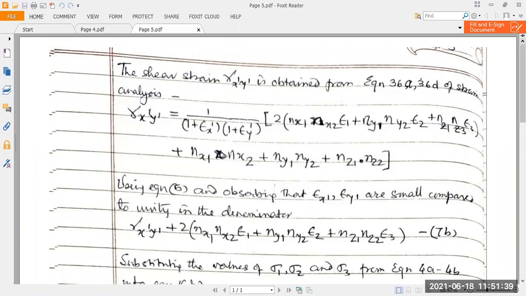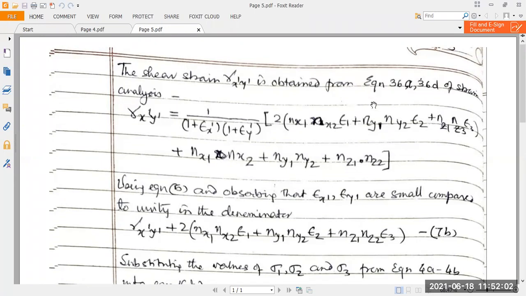Thus, the shear strain is obtained from this equation, which is the rate of change of angle between two straight lines, say P into y and P into r, which after deformation by the action of external force take the form of P dash into y and P dash into r.